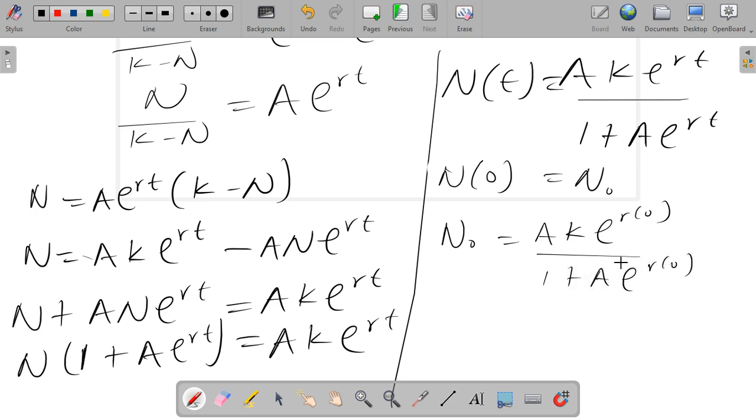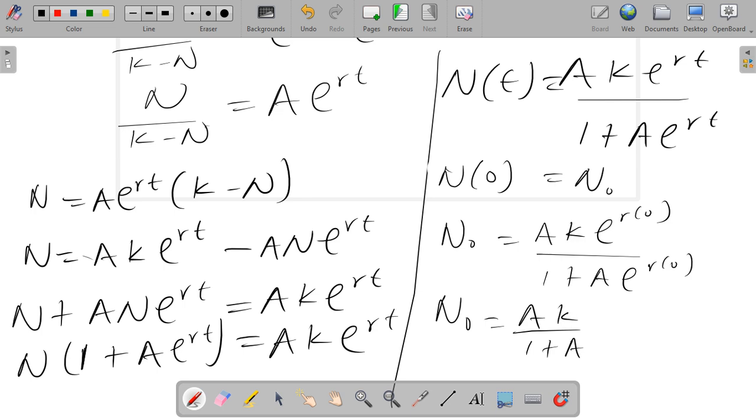Let us put it here, it will be easier. So n naught will now be equal to, exponential raised to power 0 is 1, so I have AK over 1 plus A.